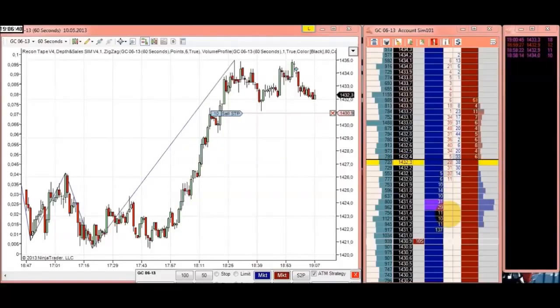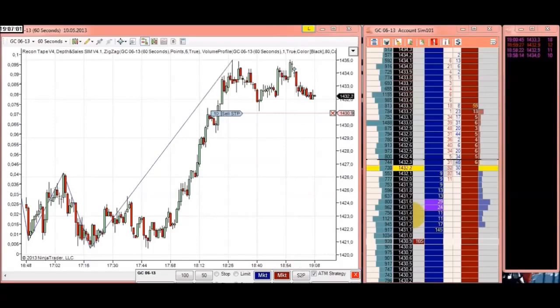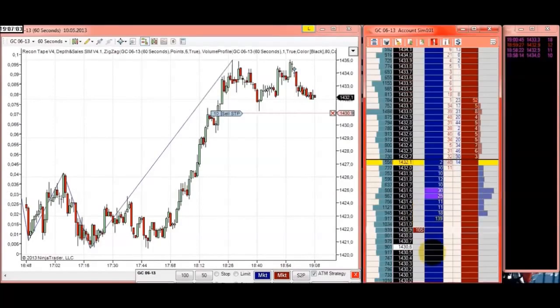So now it's dropping. So 20 contracts is now a pretty reasonable expectation of a large order. So let's see if we can get some move here.